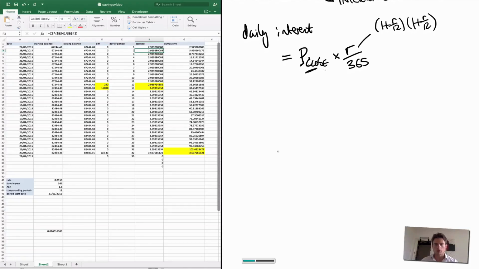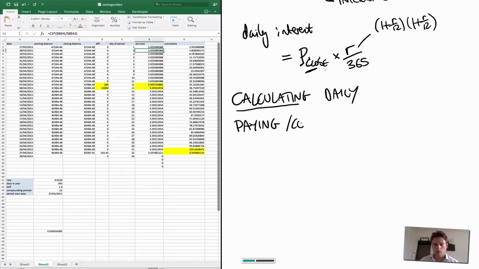To hammer the point home, we're calculating daily, but we're paying and compounding monthly.